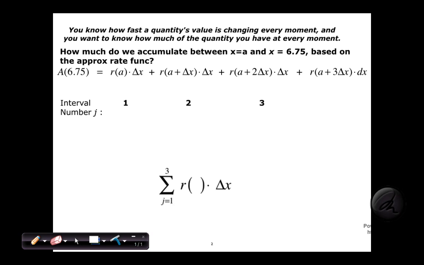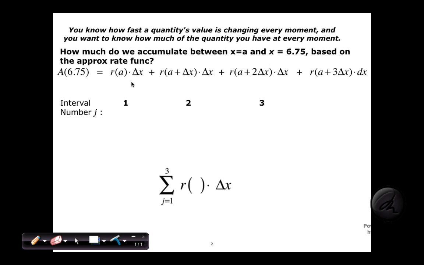It doesn't really matter what it is, but let's say it's J. I'd like to be able to sub in J equals 1 and have it come out to A. Well, that's kind of weird. I'd like to sub in J equals 2 for my second interval and have this come out to A plus delta x. J equals 3, I want to come out to A plus 2 delta x.